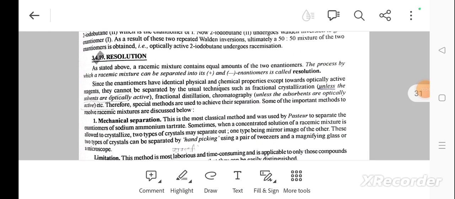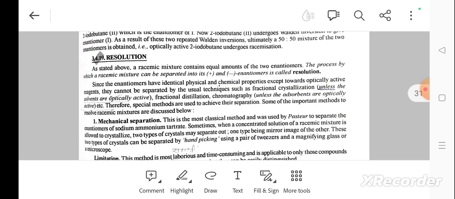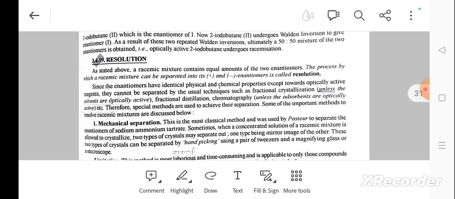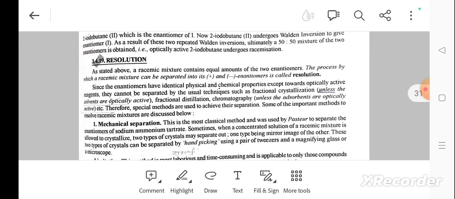Resolution. As stated above, a racemic mixture contains equal amounts of two enantiomers. The process by which a racemic mixture can be separated into (+) and (-) enantiomers is called resolution.